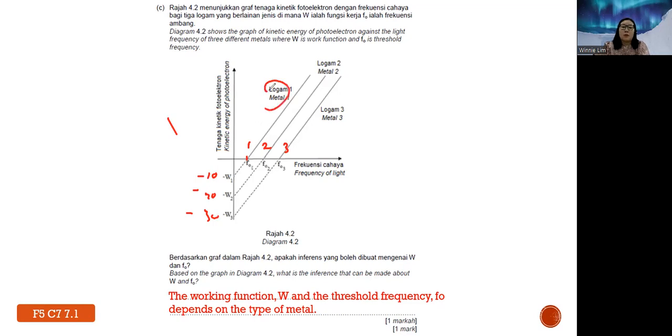For metal 1, your minimum frequency needed is 1, which means the minimum energy needed is 10 joule. But for metal 3, there are 3. So this is the minimum frequency, and the energy needed also increases. That's why different metals require different frequencies or energies to cause a photoelectric effect to occur.